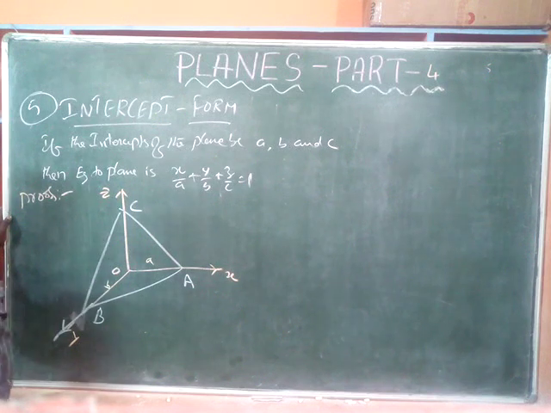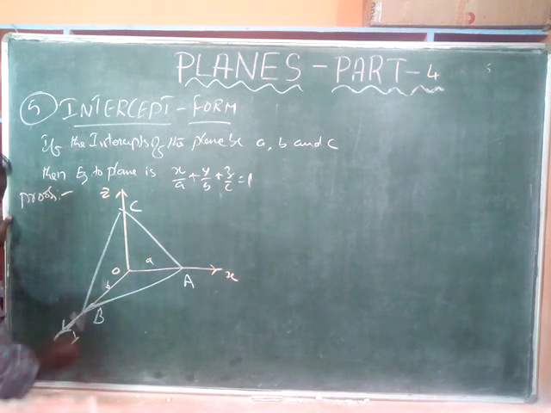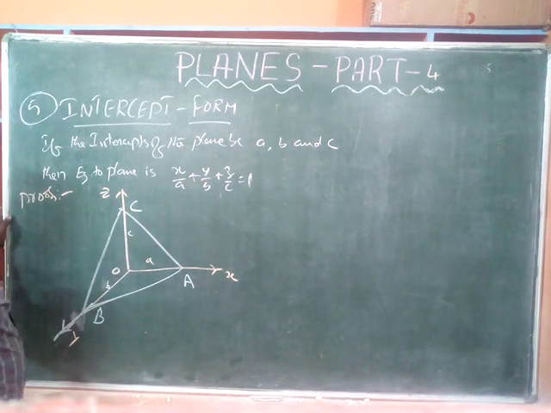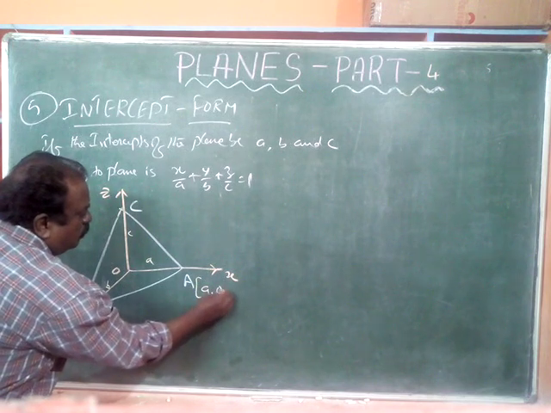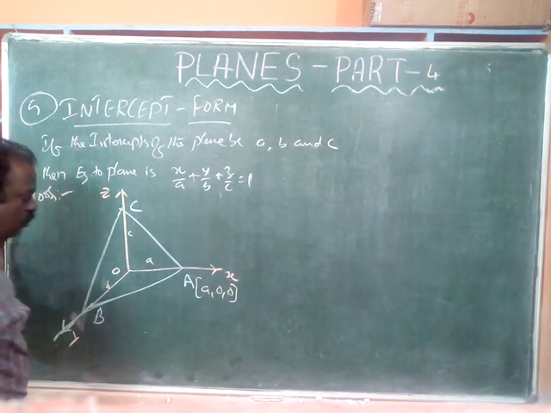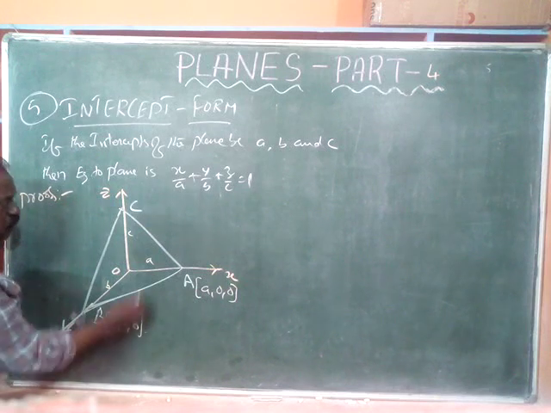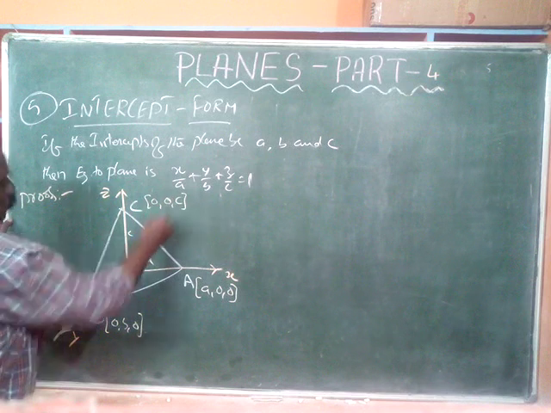And this is B, where the same plane cuts the y-axis at B. So OB is the y-intercept, and this is C. Then the coordinates of A are (a, 0, 0), of B are (0, b, 0), and of C are (0, 0, c).